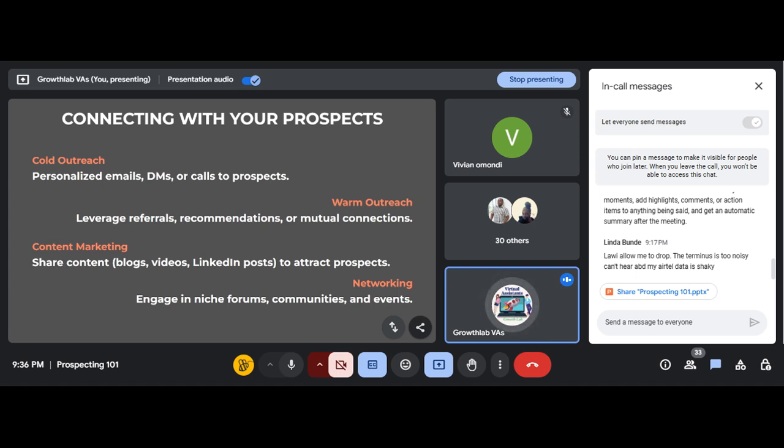Then content marketing. This is through branding. So you either do social media posts on LinkedIn, Facebook, Instagram, TikTok, YouTube, or you write blogs on your website. Now, when a prospect is looking for a solution to a problem that you solve, they'll most likely come across your content. And if they believe you're an expert, then they'll reach out to you.